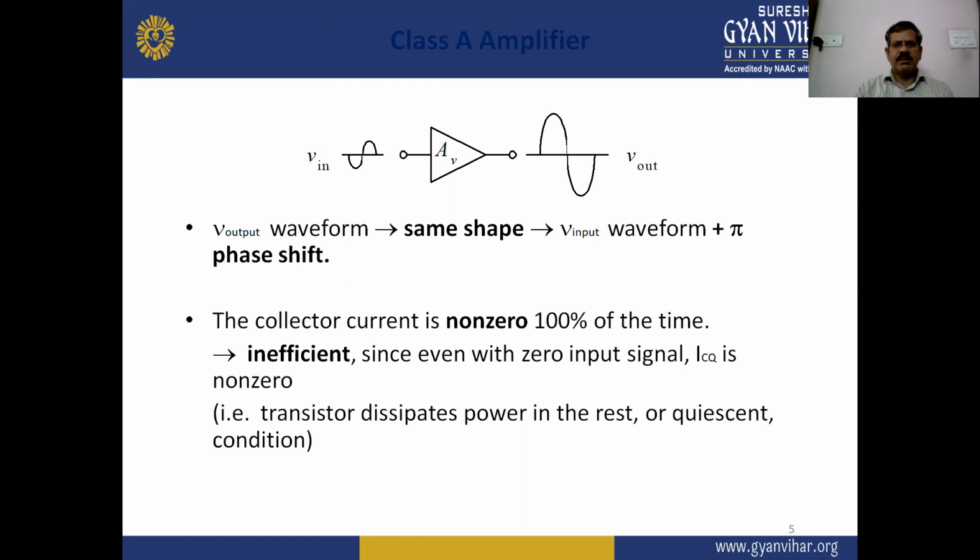It is inefficient, since even with zero input signal, ICQ is non-zero, or the collector current at the Q point is non-zero. So the transistor dissipates power in the rest or quiescent conditions.